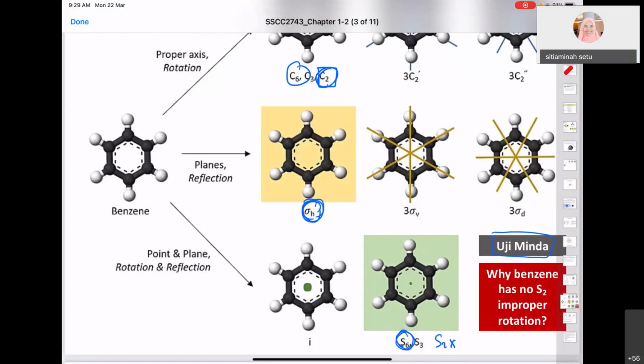Okay, panggil Naziha. Naziha, kenapa benzin tak ada S2, padahal dia ada C2 dan sigma H? Saya pun tak pasti juga doktor.